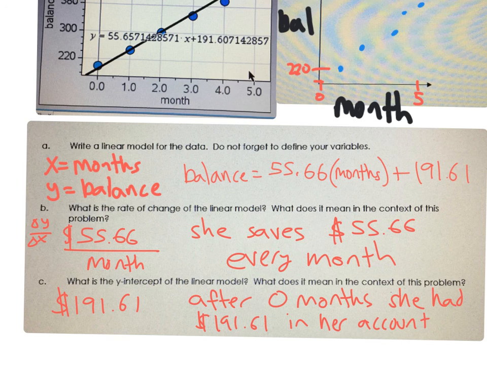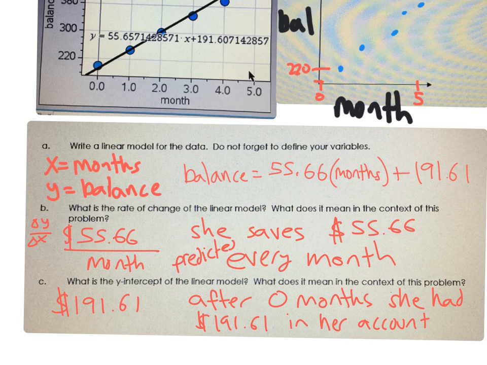She saves about that much, and she would have about 191. It's a predicted value. So really we say she saves $55.66 predicted every month. And then she had, same idea, about a predicted amount.